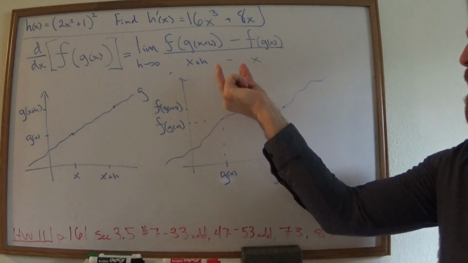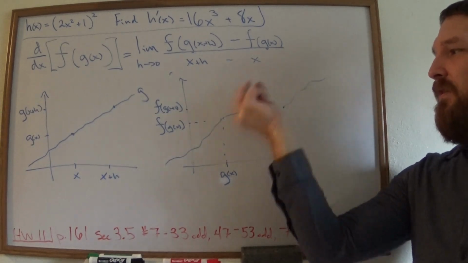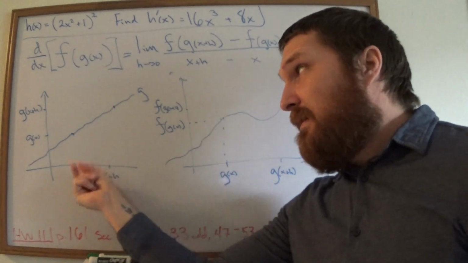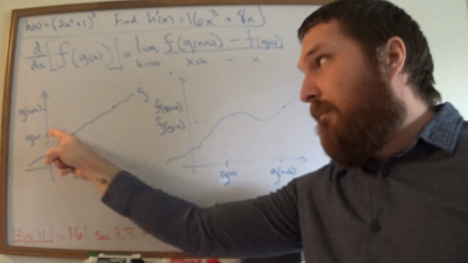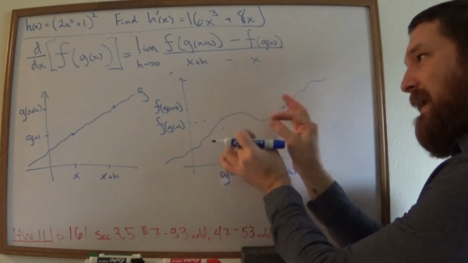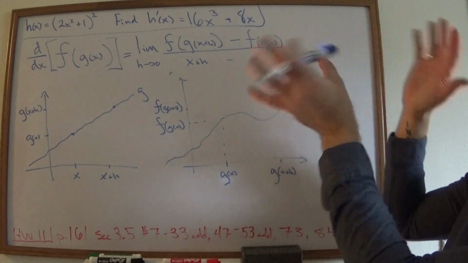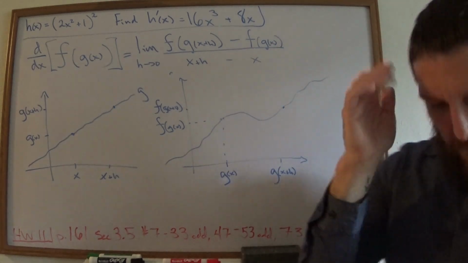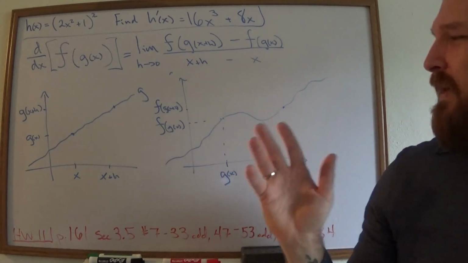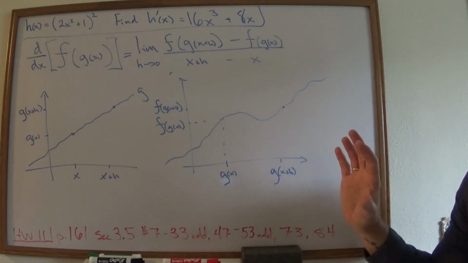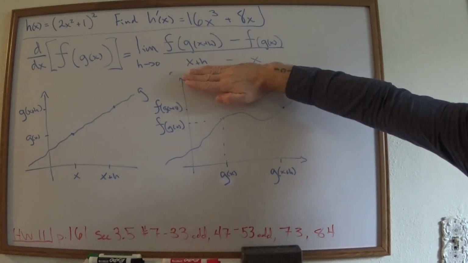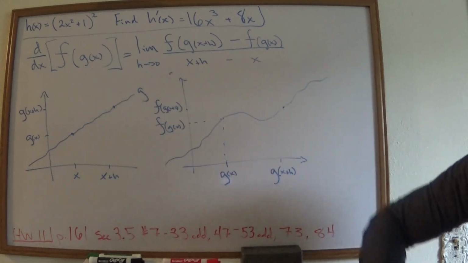And as this value gets closer to that value, as that happens, this guy comes this way and this guy goes that way, and we kind of have this double thing going on. But again, with this x plus h stuff, it's kind of hard to use this definition of the derivative.